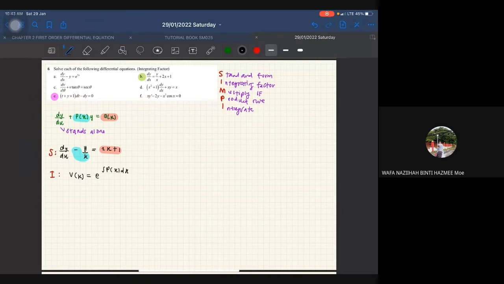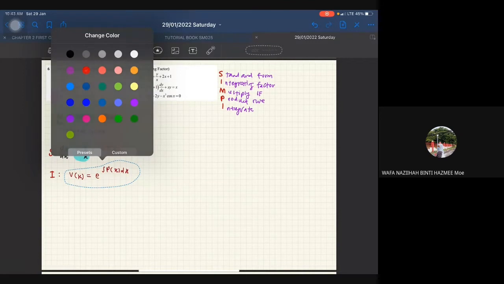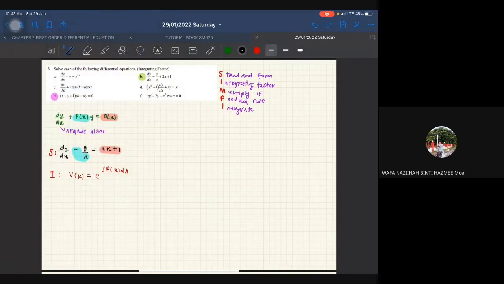So you take your p(x), and put it up here, and then find its integration. Okay, so let me color this one red, and this one black. So your v(x) is e to the power of the integral of 1 over x dx.